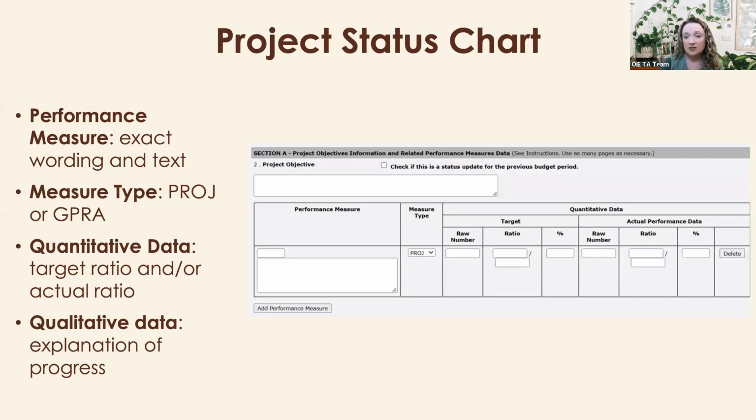And so often grantees, if you have 5 project measures, you may see that they have 5 section A pages so that they have explanation of progress boxes for each of them. And that's completely fine. But that way you don't find yourself, if you put all 5 on the same page, you do have to fit all of their explanations of progress into just that one box. It still is going to cap out. So I hope that made sense. If that did not make sense, please let me know.